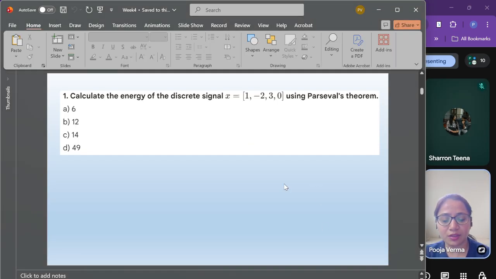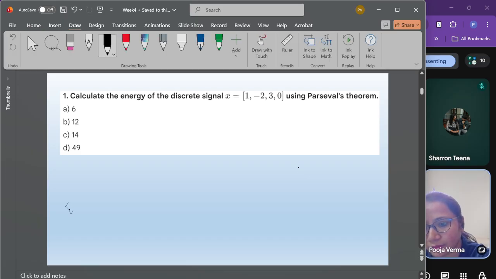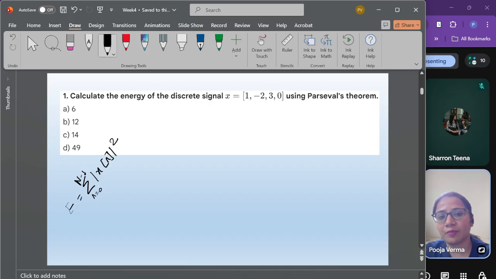It is represented by this equation: E is equal to the summation of mod of x of n whole square, where n varies from 0 to N minus 1, and N is the number of samples.